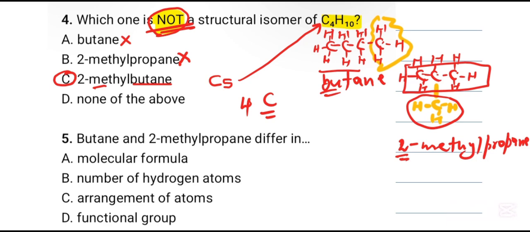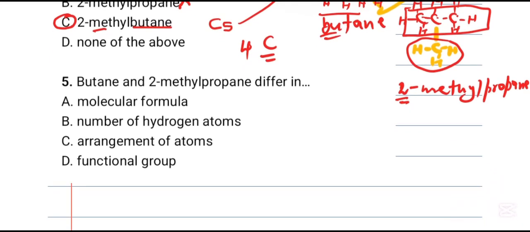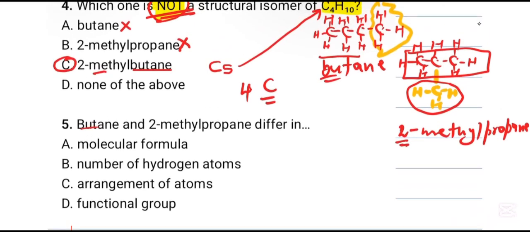Let's quickly go to number 5. Butane and 2-methyl propane differ in what? If you go back to this example, this one is butane, straight chain. This one is 2-methyl propane.